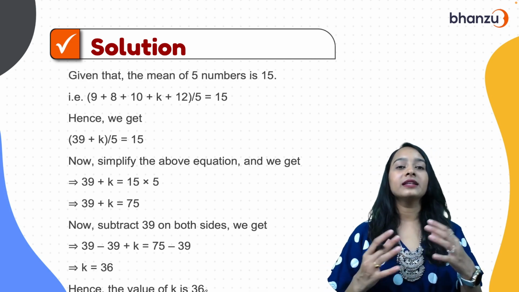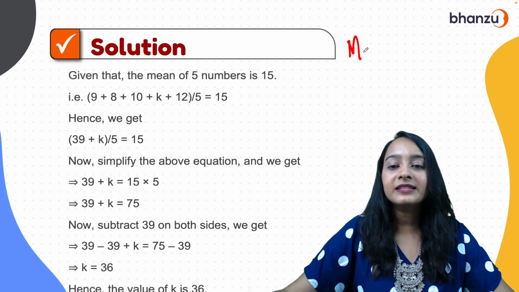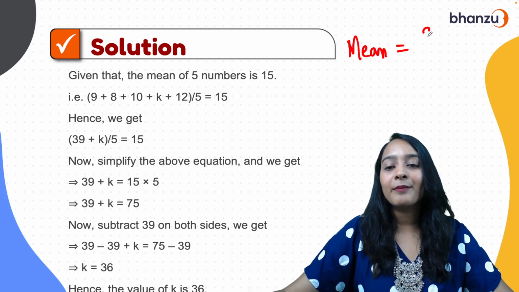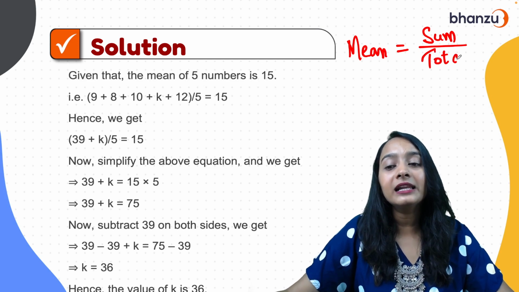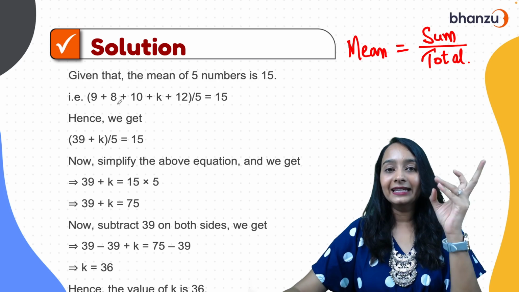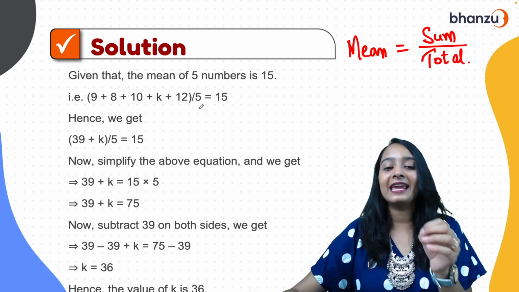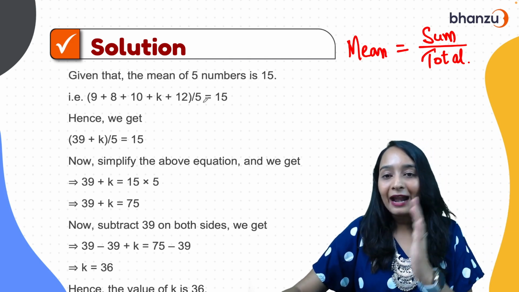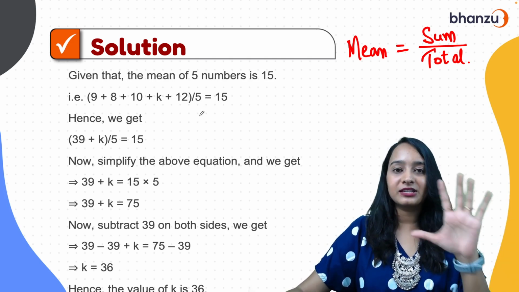So what did we do here? The mean of the data was already given to you. What is the mean of the data? Sum of all the observations divided by the total number of observations. What are the observations here? 9, 8, 10, k and 12. So you add all of them, that is the sum, divided by the total number of observations, which is 5.